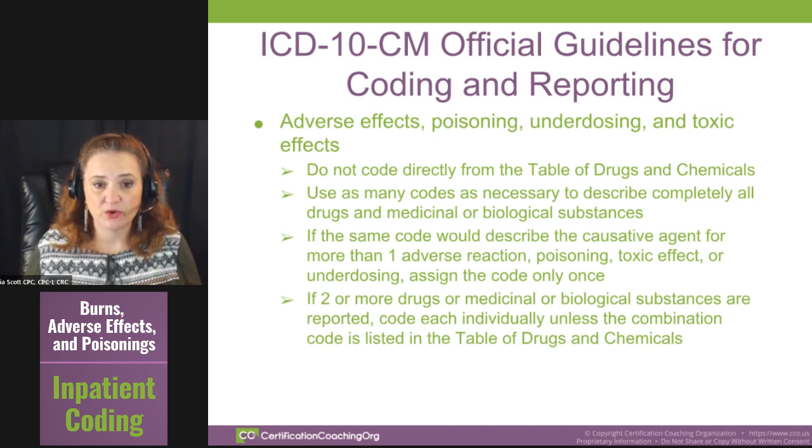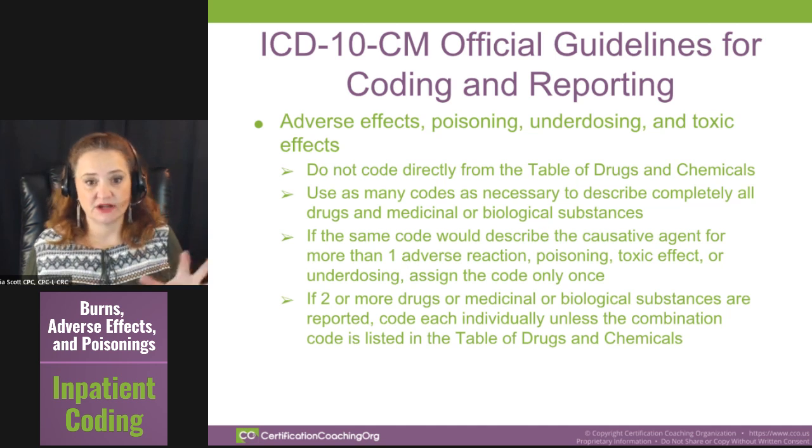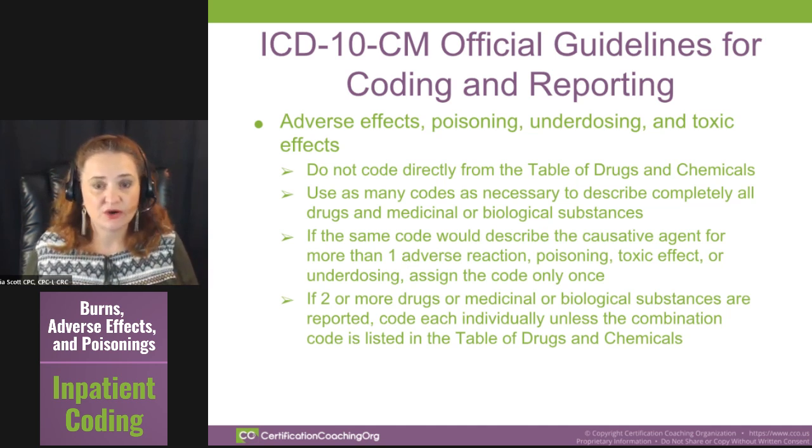If you have a code that can describe a causative agent for more than one adverse reaction, poisoning, toxic effect, et cetera, then you only code the one code. I can't think off the top of my head of an example, but if one code covers the information, then that is fine. But a lot of times you'll end up needing to use more than one code.